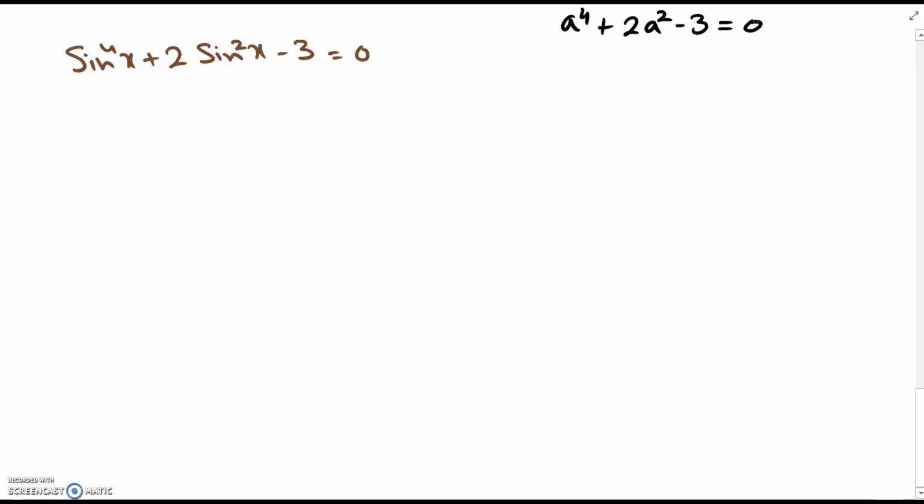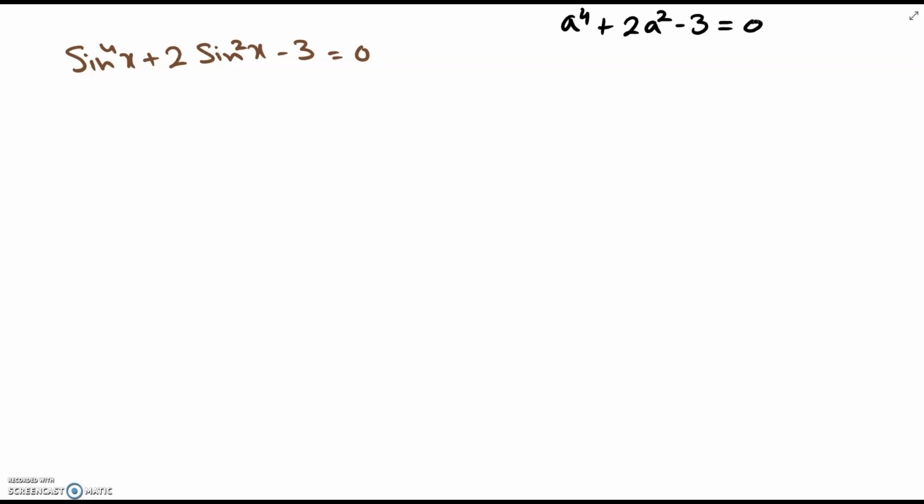We know that if we have a quadratic equation, we can simplify it by using the factorization method and get our answers, correct? But in this case, we have a power of 4 and it is not possible to apply the factorization method directly. So now what do you do?